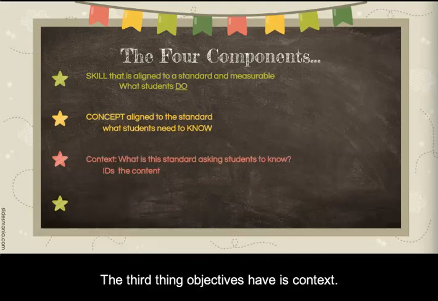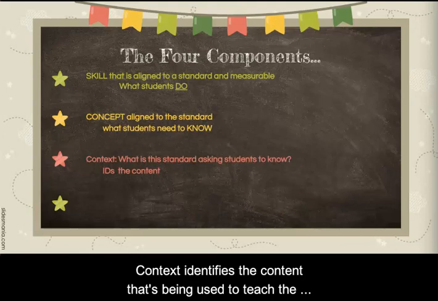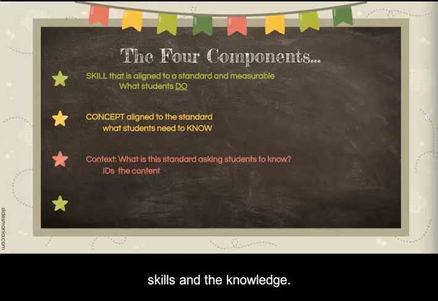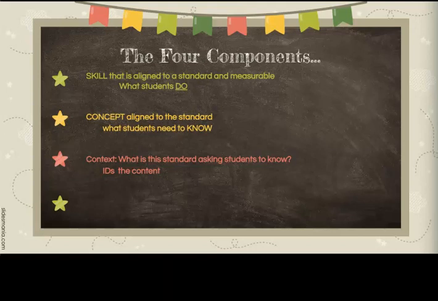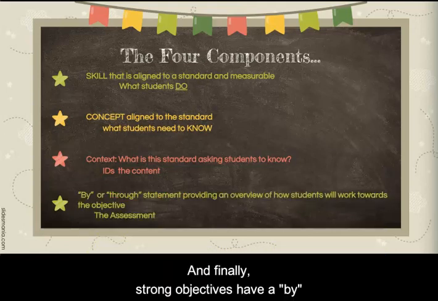The third thing objectives have is context. Context identifies the content that's being used to teach the skills and the knowledge. It's your text or your activity or the problem type for practicing the skill. And finally, strong objectives have a by or through statement, which is your assessment.